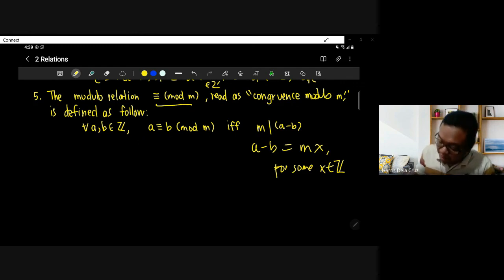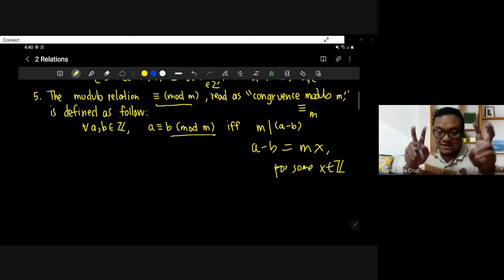Both of them mean that A is congruent to B modulo M. Okay? So this relation, we will denote this relation simply as this one. Ayan, 3. Pero pag sinusulat natin, ay, bakit 3? M. Pero pag sinusulat natin sa equation, binubuo natin siya. Pero as a set, as a relation, di ba, this is a set.